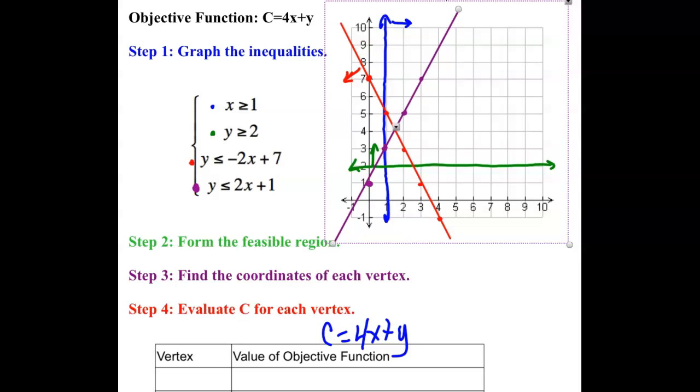This time it says that we want to be less than that, so we are underneath that one. So our feasible region, we have to be above green, to the right of blue, under the purple, and under the red. So we have this little section right in here. That's our feasible region.